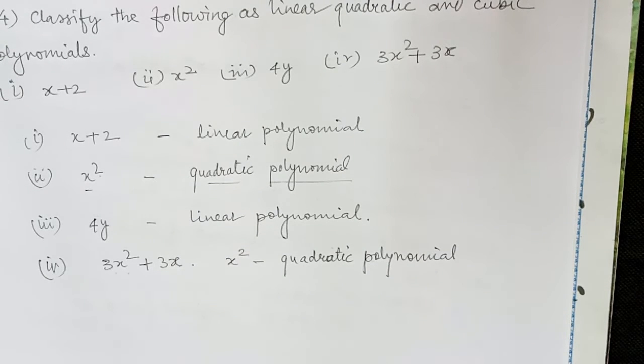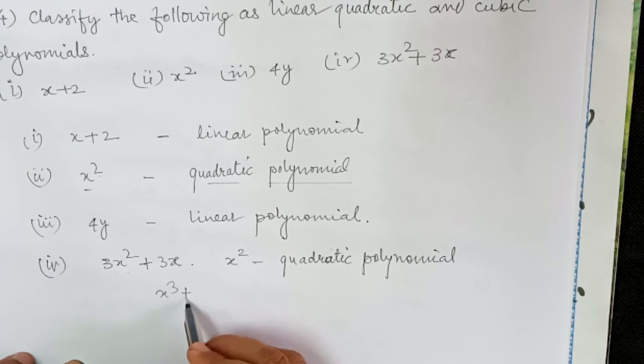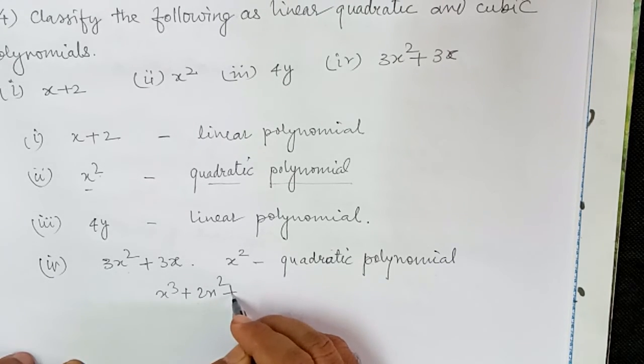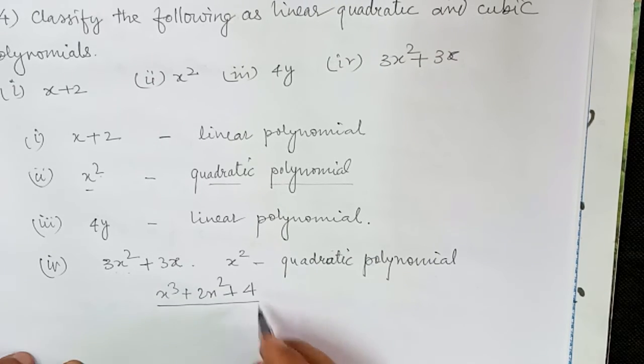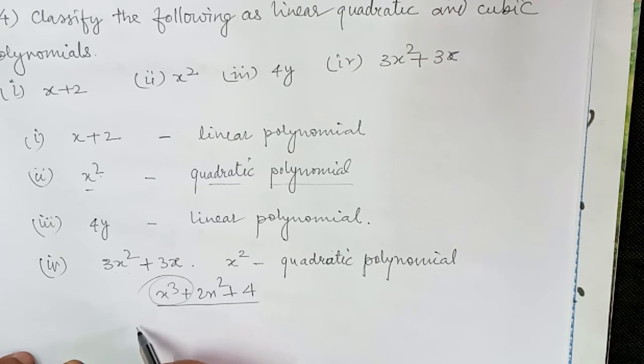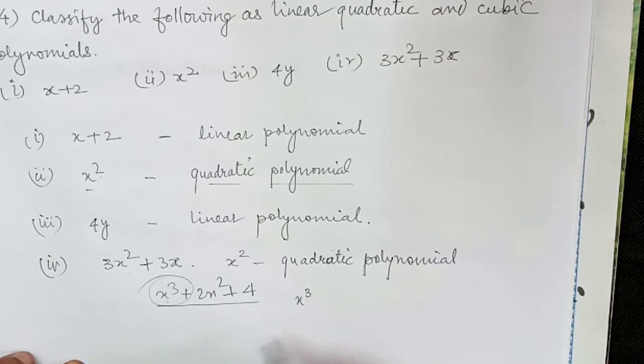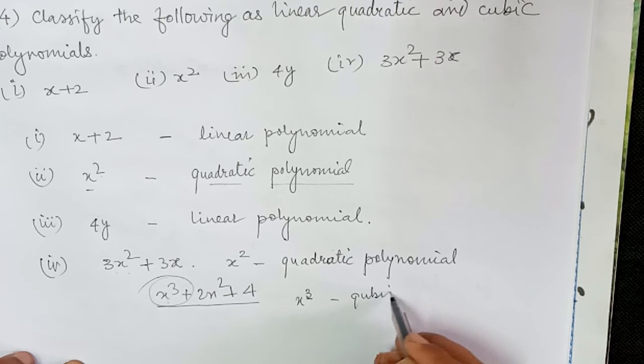Now, for example, if we have a highest power 3, for example x to the power 3 plus 2x square plus 4, then when we observe the highest degree, it is 3, x to the power 3, so we can say it is a cubic polynomial.